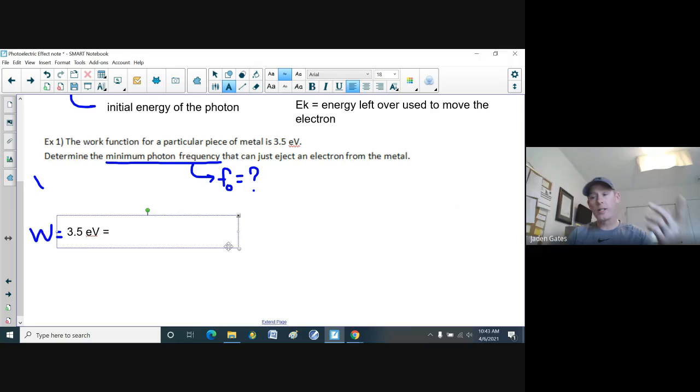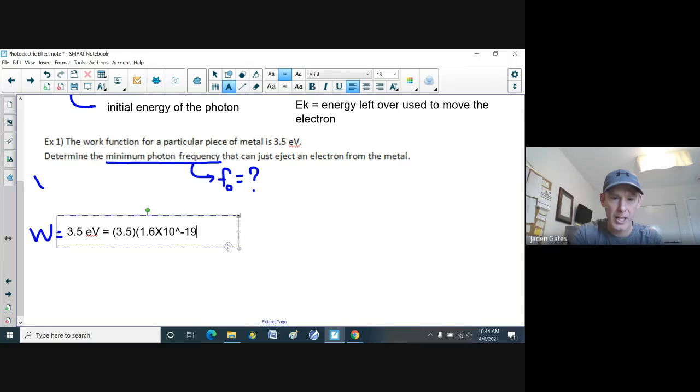In the last lesson, we worked from joules to electron volts, and then to mega electron volts, where we were dividing by 1.6 times 10 to the negative 19. Now, because we're going the other way, we're going to multiply. So I'm going to take this 3.5 and multiply it by 1.6 times 10 to the negative 19. I'm just working the opposite way.